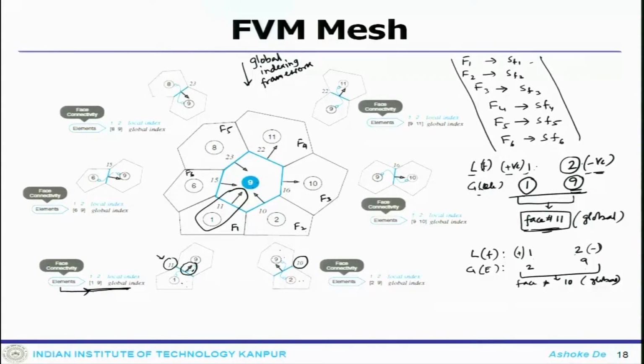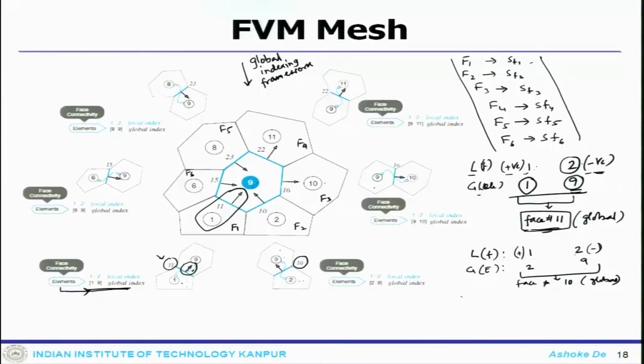F1 and F2 are of similar nature. Now, you come down to the other case where you see element number 9 and 10. Here, 9 and 10 are connected with face number 16.